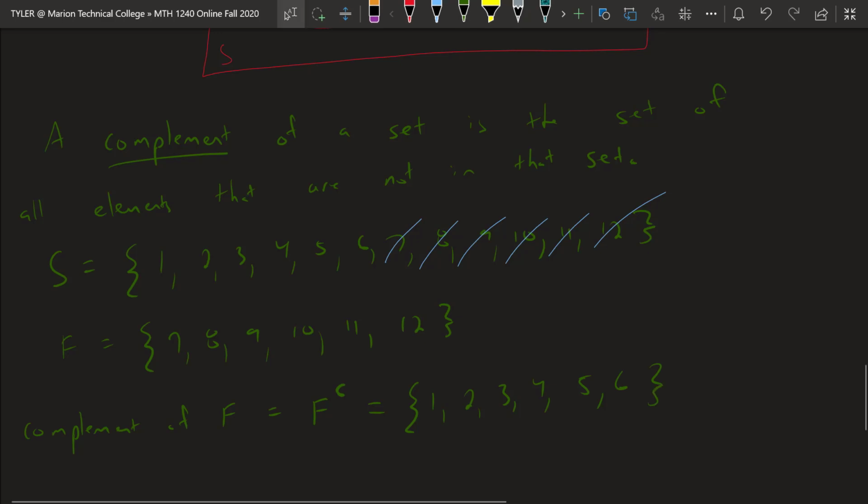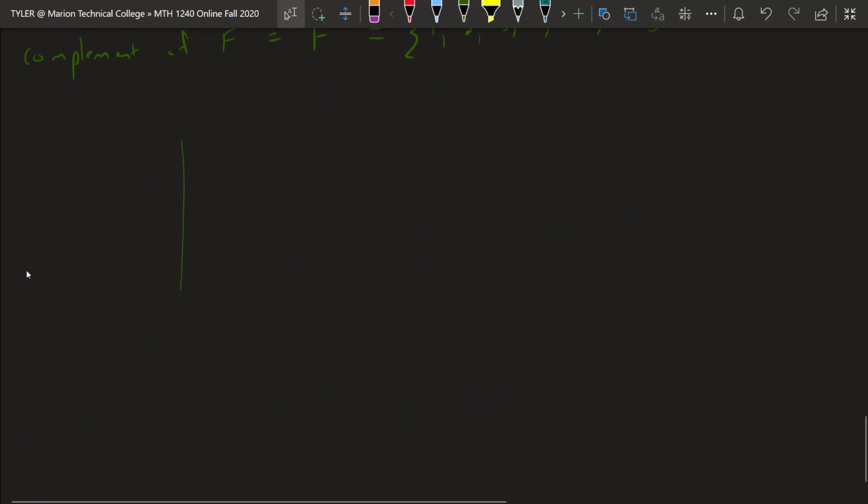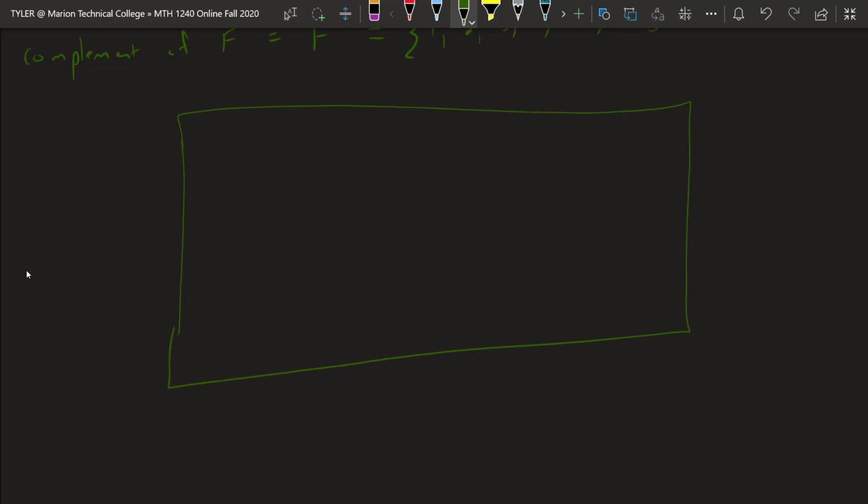If I wanted to draw a picture of this, here is the set F, so we have 7, 8, 9, 10, 11, 12.